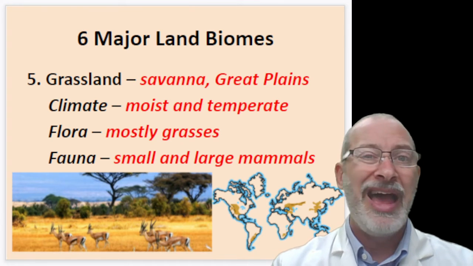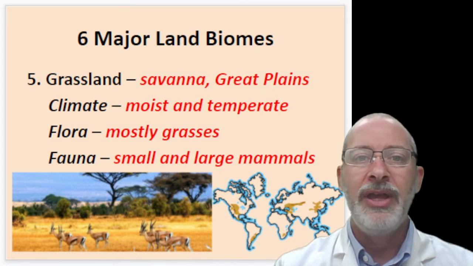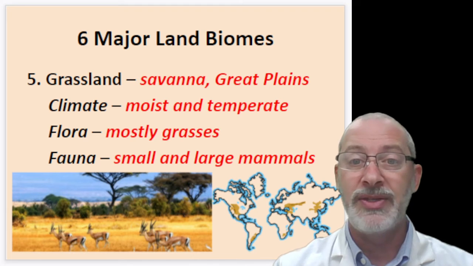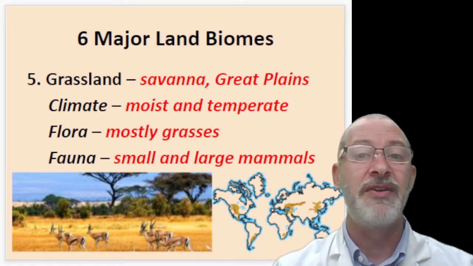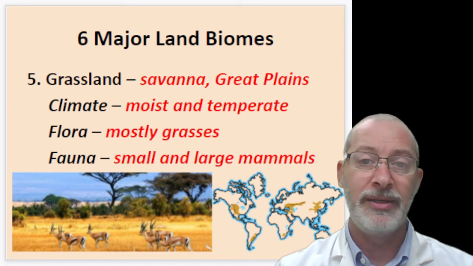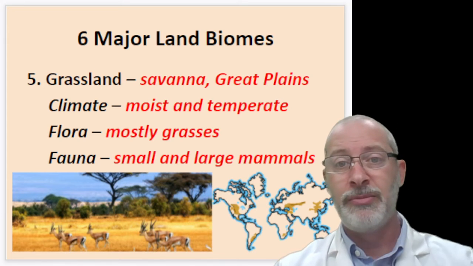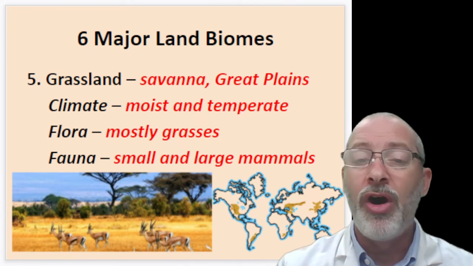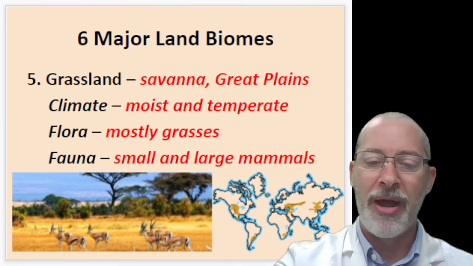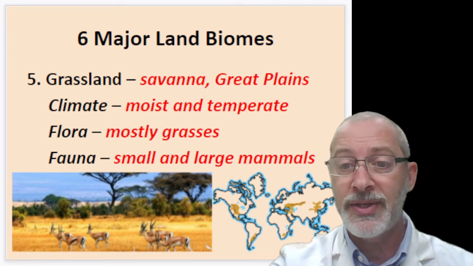When you think of African wildlife, you might immediately think of animals that you see in the movie Lion King, which takes place in the African savanna, which are the grasslands of that continent. So the grasslands are pretty productive in terms of its flora and fauna, just not as productive with variety as the tropical rainforests are. All right, that brings us to number 6.